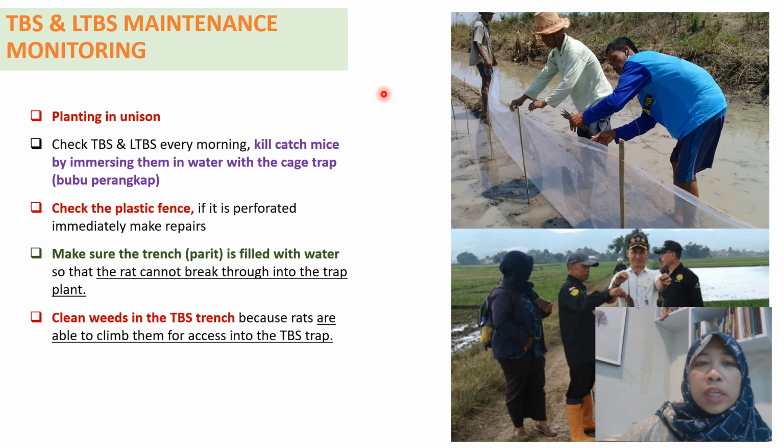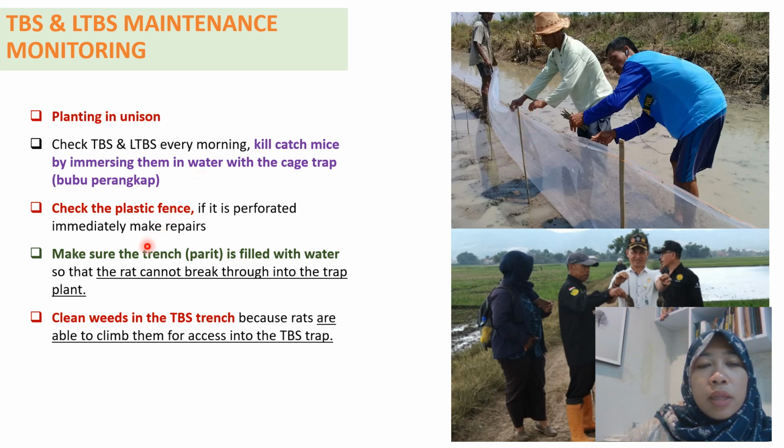So we have to check every day and check the plastic fence. Is it perforated? Immediately make repairs. Is there any hole, or is the plastic not tight? You have to repair it.